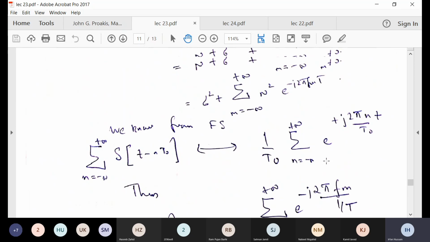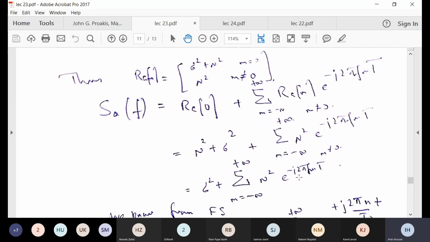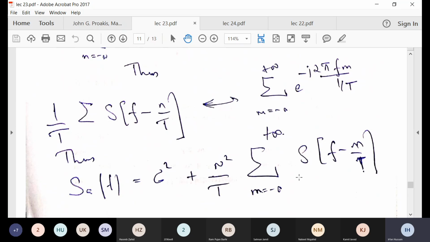So for this signal, I can use this to represent it as a train of pulses.